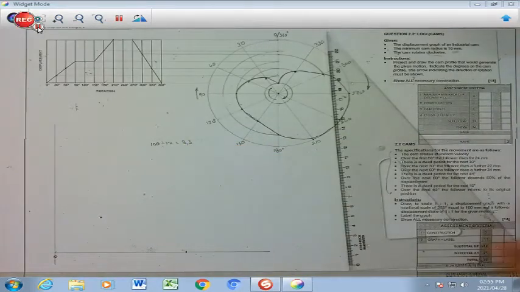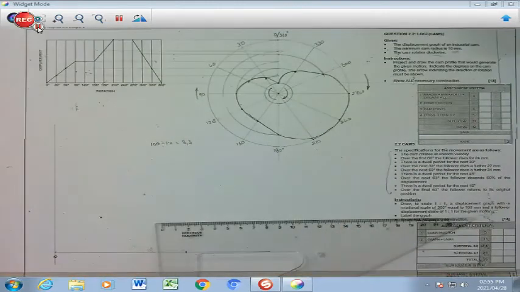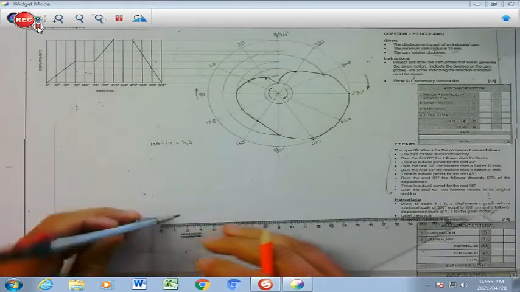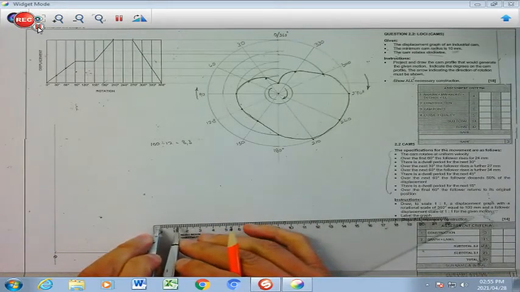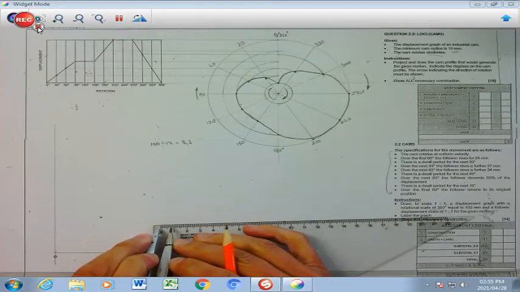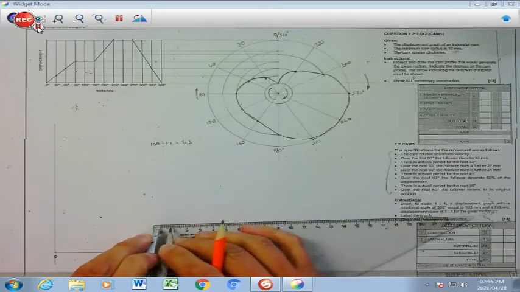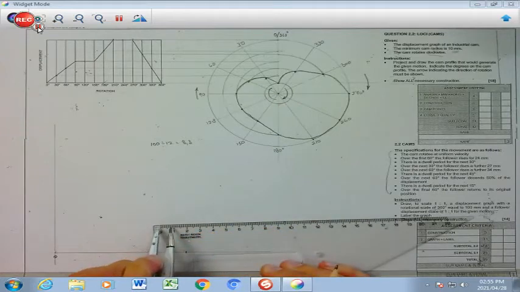So what you are going to do is take your ruler and open up your compass round about 8.3. It's very difficult, so somewhere between the 8 and the 9 you're going to have your compass opened as a radius.